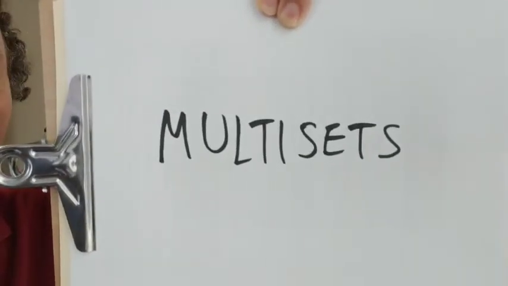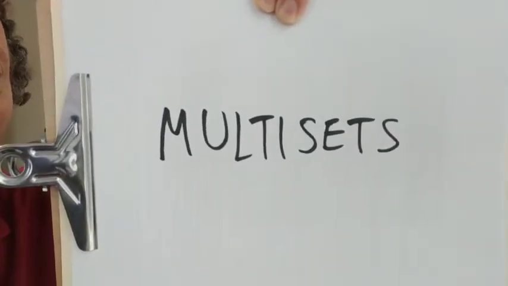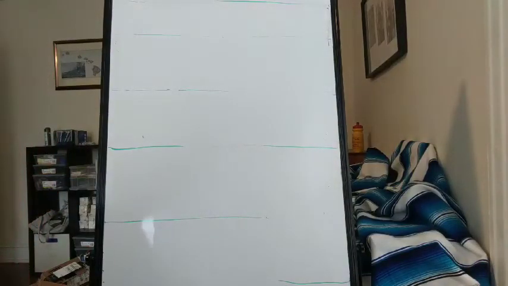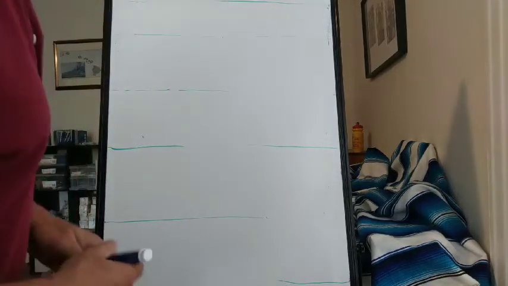There's a generalization of sets which are called multisets. A multiset is like a set except repetition is allowed.